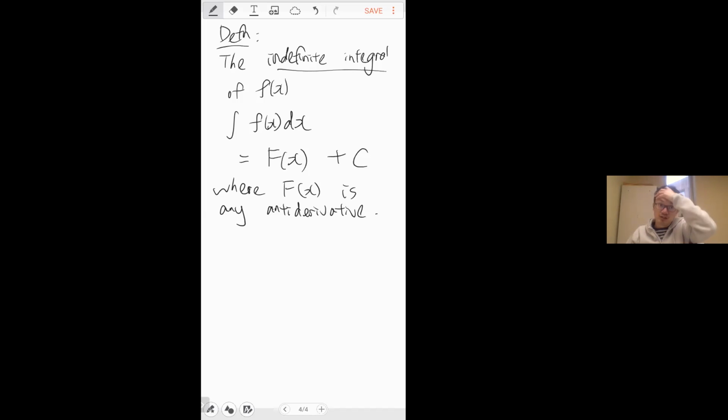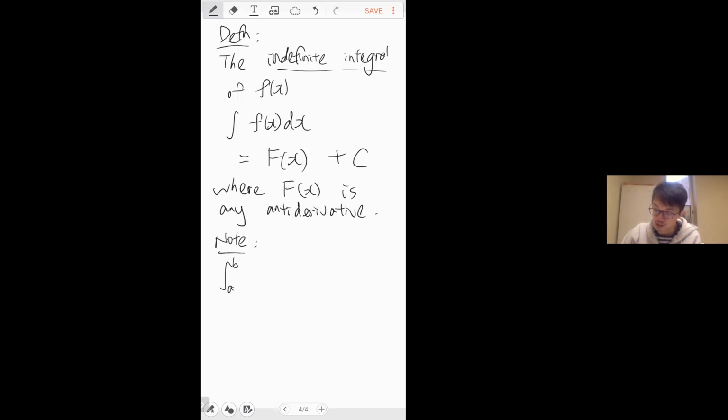So it's called indefinite because it doesn't have the lower limit and also the upper limit. The integral that we defined weeks ago was called definite because it has the lower limit and the upper limit. That's the only difference. Let me write this down.